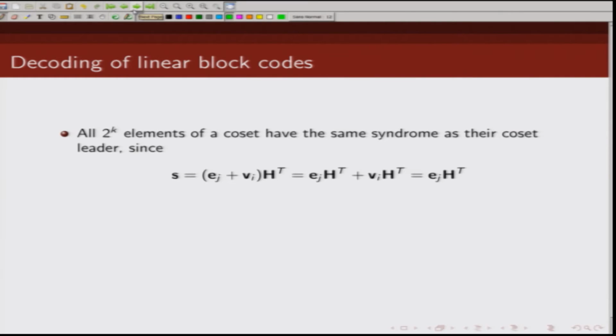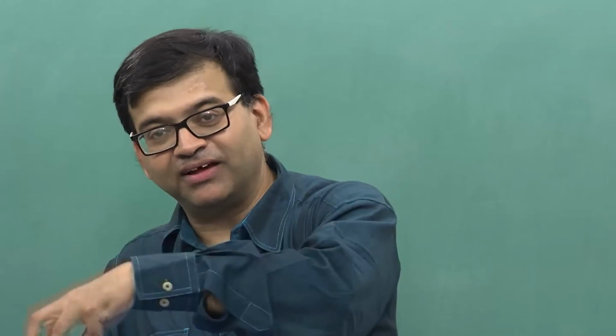The next property is, all the 2^k elements in a row or in a coset have the same syndrome. We can show this because each element in a coset is of the form Ej plus Vi, times H transpose, and since Vi H transpose is 0, they only depend on the error pattern, and in each row it is the same error pattern that appears in the elements of the row.